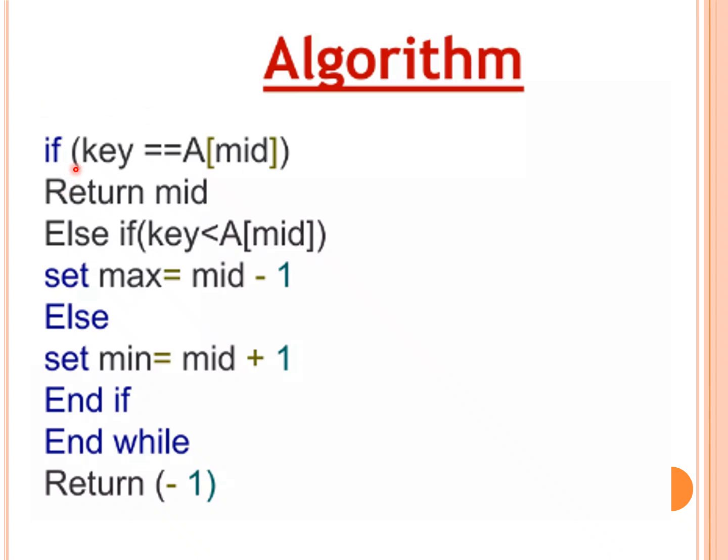After finding the mid value, if the key is equal to A of mid, I return mid. Else if the key is less than A of mid, I reset my maximum value. If it is greater, I reset my minimum value. This procedure is repeated until I find the element to be searched.